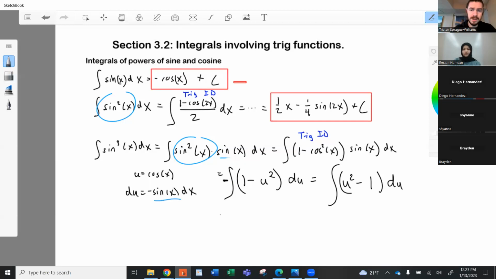Integrating this can then be done with the inverse power rule. We have a third u cubed minus u plus c, and then undoing our substitution, 1/3 cosine cubed minus cosine plus c, and that's our antiderivative.